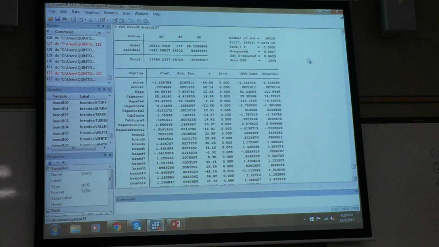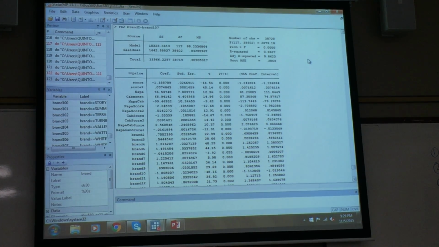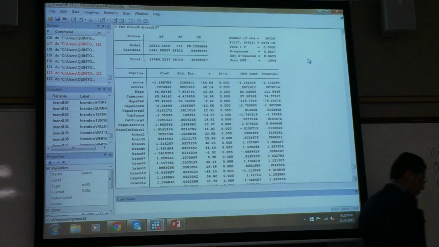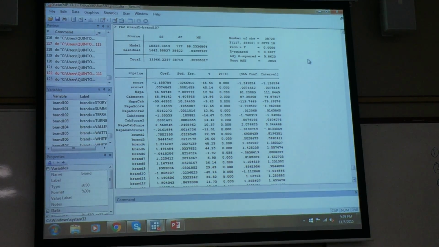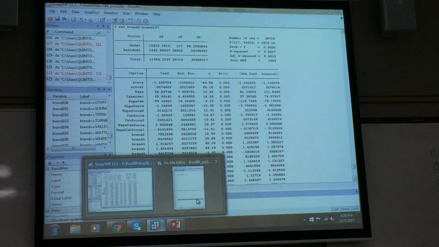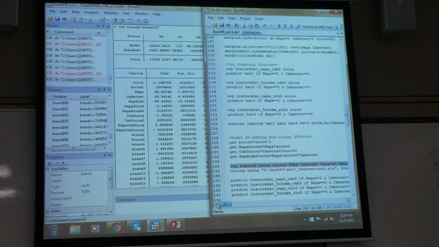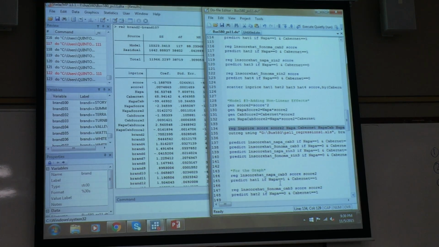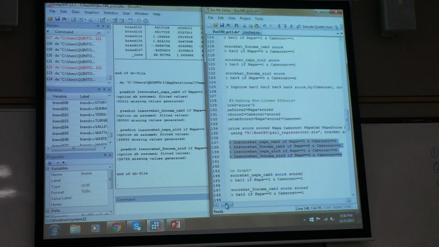And as long as we can shrink everything down, we're going to do the housekeeping, cleaning, we should be able to get our Napa premium as well as our score ratings effect. So once again, no, I should do this first. You're gonna get a weird looking graph. Once you put in the dummies, you're gonna get weird graphs.